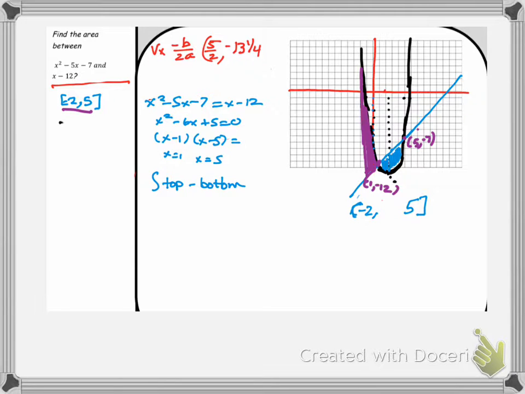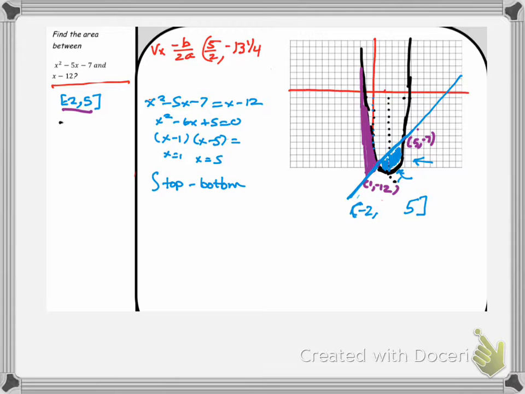From negative 2 to 1, the parabola is on the top, and this straight line here is on the bottom. But over here from 1 to 5, the straight line is on the top, and the parabola is on the bottom.